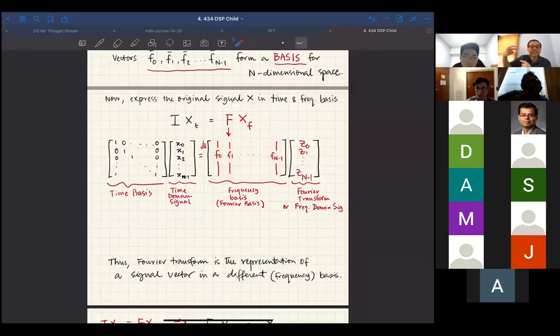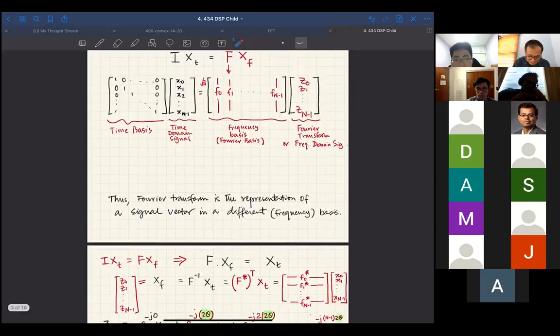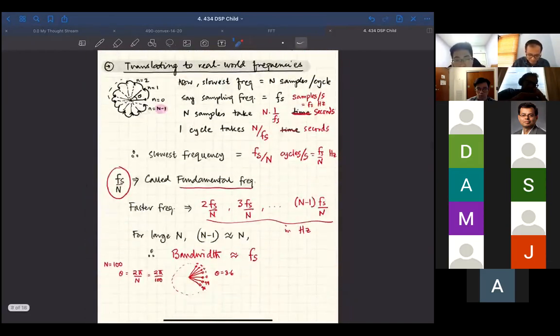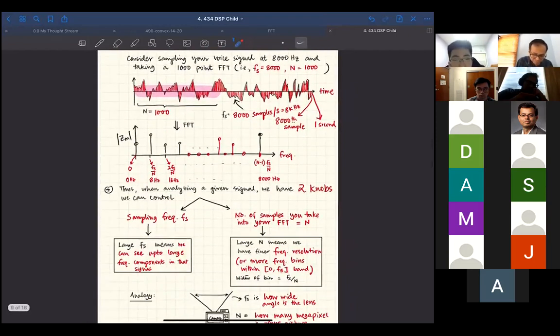It's a rotation at a different speed. This F0, and then that's F1, F2. Those column vectors of the frequency basis are these values on the frequency domain.